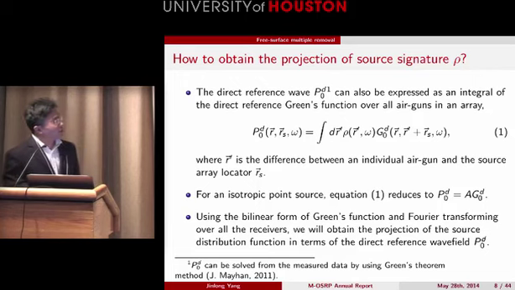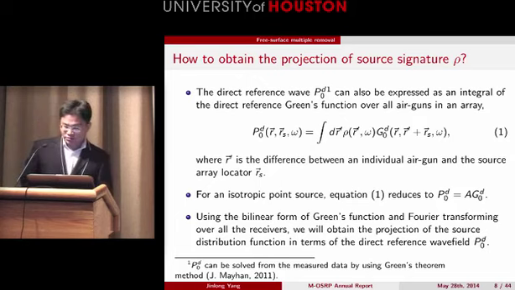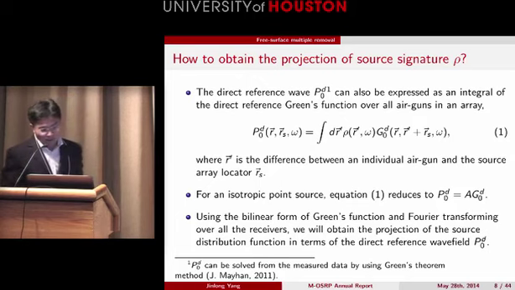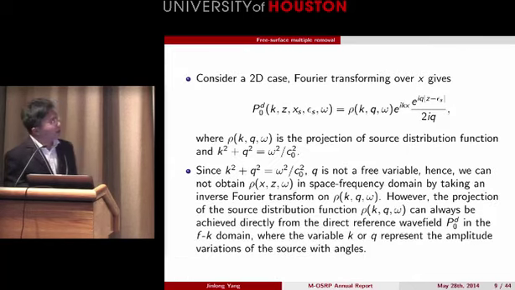For a general case, we can use the bilinear form of the Green's function and a forward transform over all receivers. We can obtain the projection of the source signature in terms of the direct reference wave field P0D. For a 2D case, after the forward transform, we get a relationship between P0D and rho. This rho is only a projection of the source distribution function.